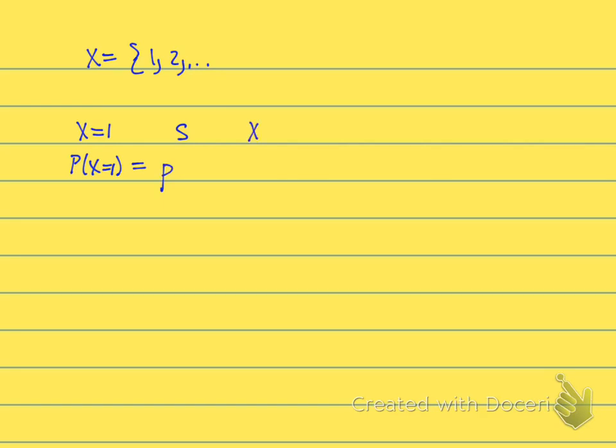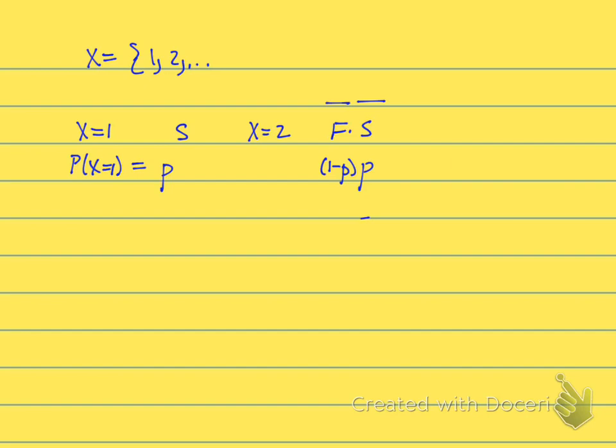What about x equals 2? Well, this means you have 2 slots, but you can't choose where the success goes because it can't go in the first slot, otherwise you would be back into case 1. So what happens here is failure and then success. And that's with probability 1 minus p times p.